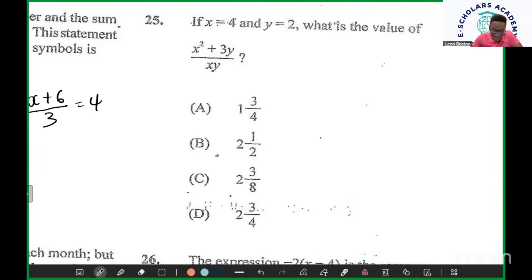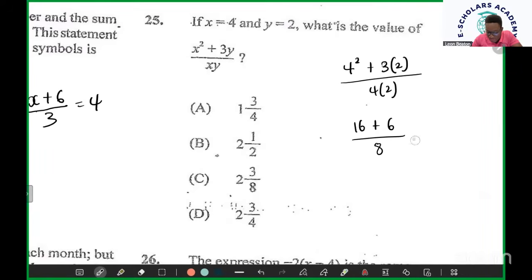So if X is equal to 4 and Y is equal to 2, what is the value of X squared plus 3Y over XY? So we substitute. X squared would be 4 squared, plus 3 times Y, which is 2, all divided by 4 times Y, which is 4 times 2. Let's see what this will give us. 4 squared is 4 times 4, which is 16, plus 3 twos, 6, all divided by 4 twos, 8.